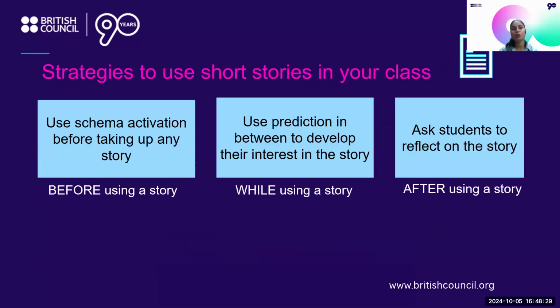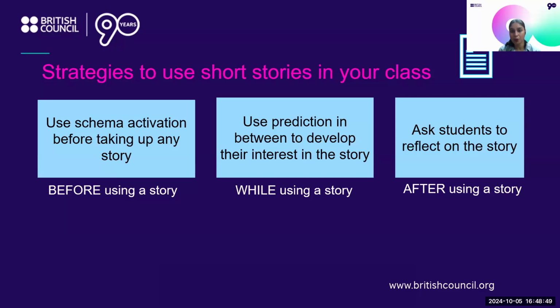Moving on to a few strategies of using short stories in your classroom. Before using a story is schema activation, where we are just trying to understand how much the students are already aware about the theme that is supposed to be linked to the story.